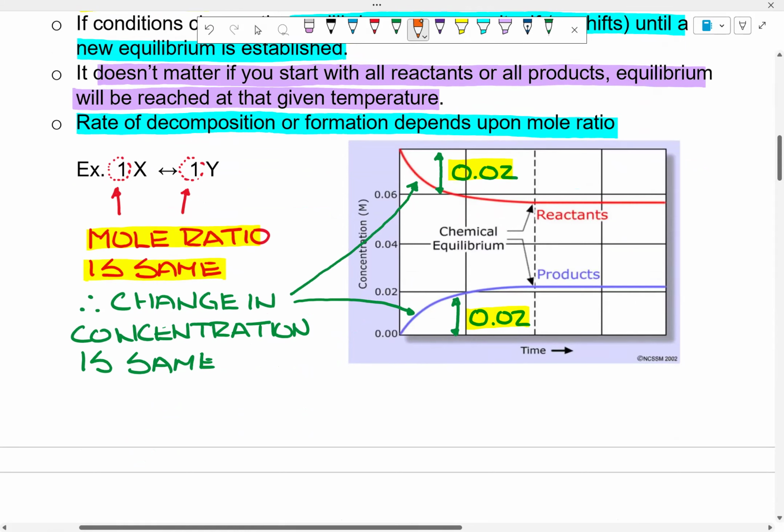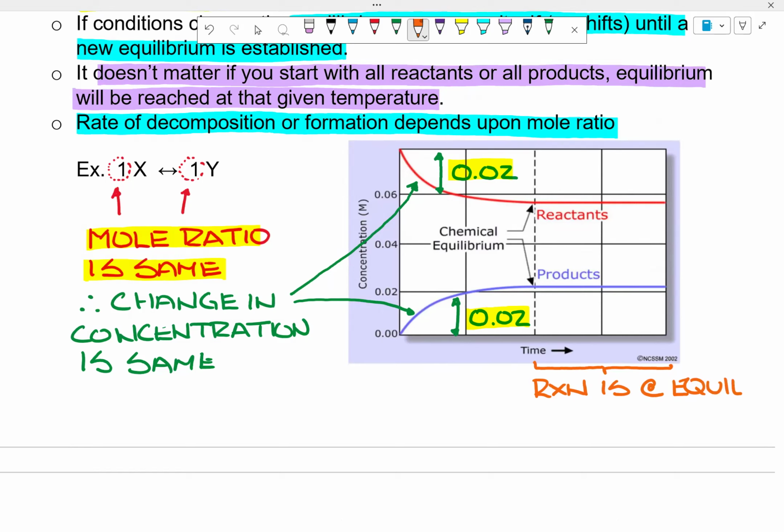Now, the other thing that you might want to notice in this particular graph is right here. Notice in this case, the reaction is at equilibrium. Why? Because the concentration of products and concentration of reactants are constant.